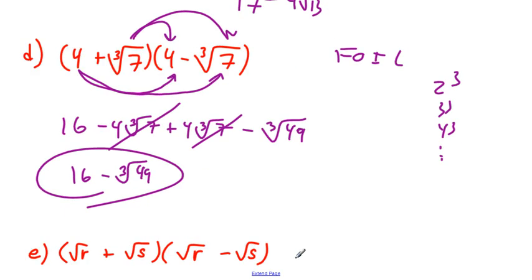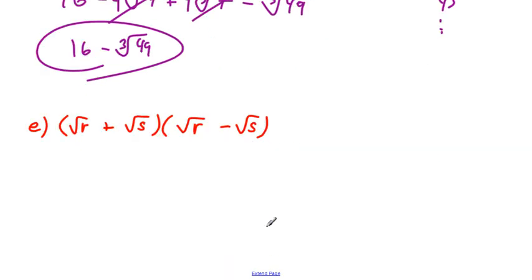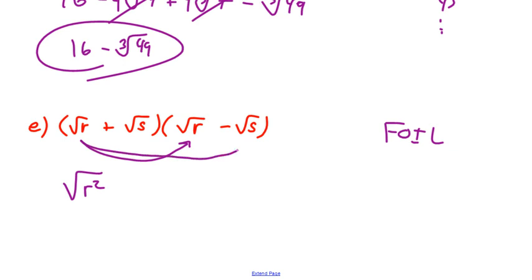Last but not least, we have part E. So let's go ahead again and do FOIL. FOIL like it's cool. Radical r times radical r. So let's do the first. So that means, well, okay, watch this now. This is pretty cool. This is radical r squared, right? r times r is r squared. Now let's go ahead and do the O, the outside.